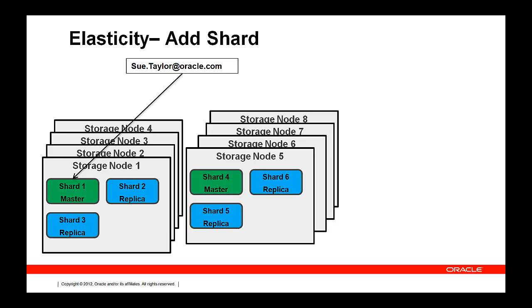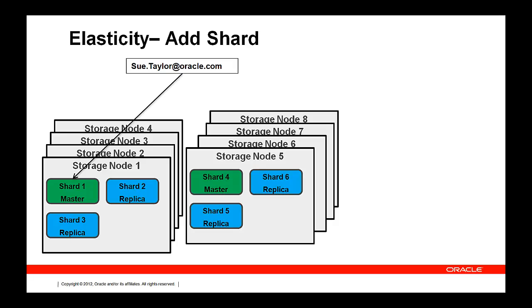The eventual workload will exceed the I/O capacity of the available storage nodes in the Oracle NoSQL database configuration. In order to increase write throughput, more storage nodes will be added. This will allow for the creation of more shards, and Oracle NoSQL database will populate the shards by moving partitions, a subset of a shard, to the newly created shard.